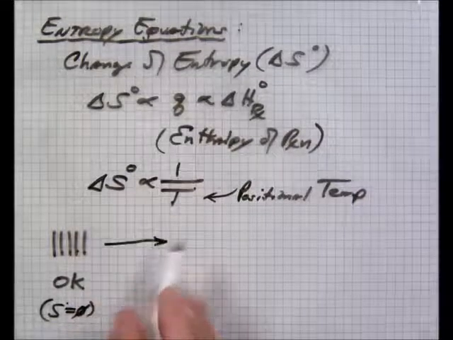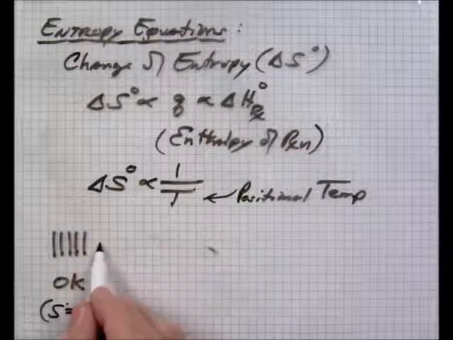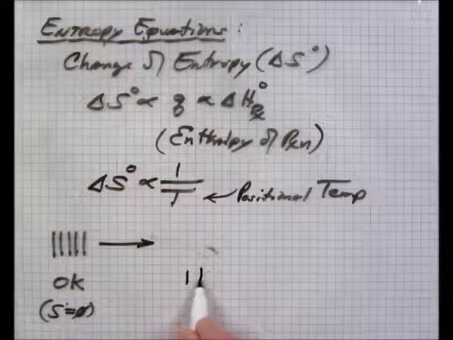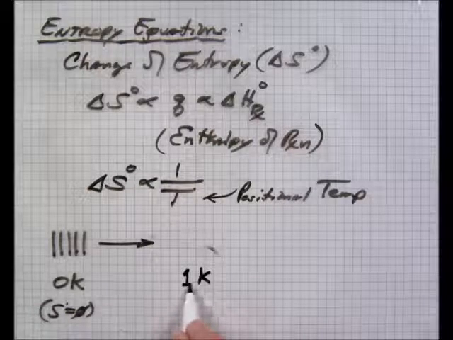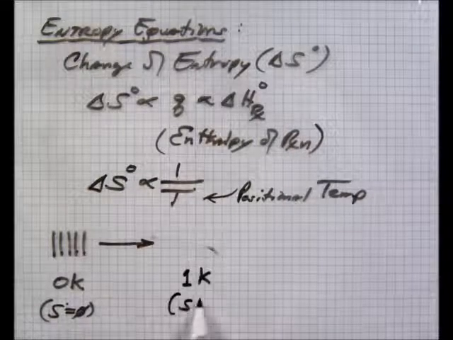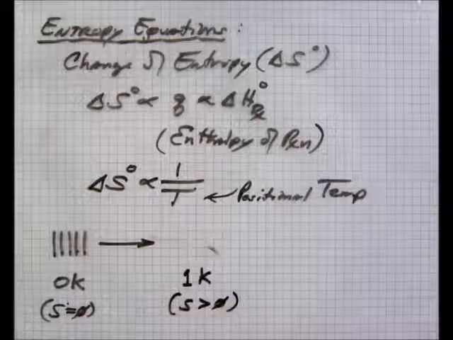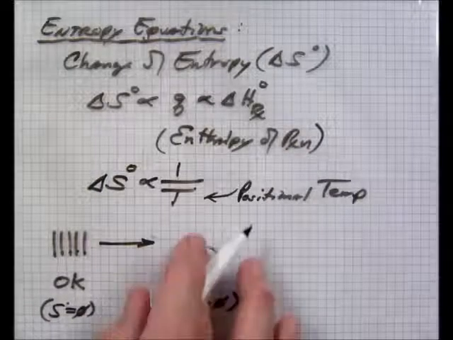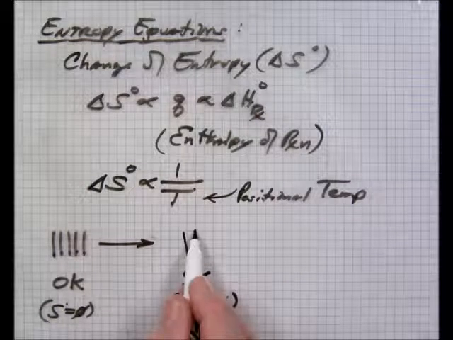Now if I increase this temperature to 1 degree Kelvin, the degree of disorder will of course increase. We'll have a bigger number for it. And what you would see is this.